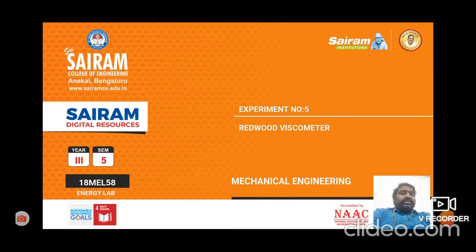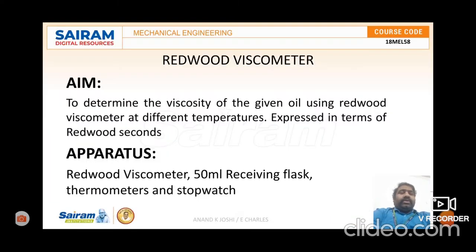So let us understand how to conduct the experiment with this Redwood viscometer and the outcome of the results. The aim of the experiment is to determine the viscosity of the given oil using a Redwood viscometer at different temperatures, expressed in terms of Redwood seconds.